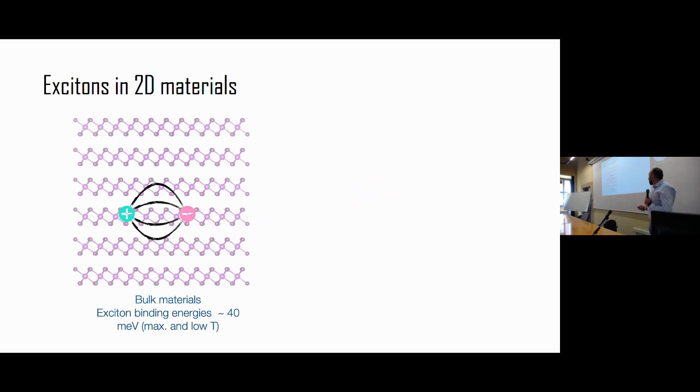But to talk in practical terms, when you have, let's say, a normal bulk material, infinite in the three directions, usually the dielectric screening is, let's say, normal, you can think of an isotropic tensor, and the binding energy of an exciton that you can calculate with the Bethe-Salpeter equation, as we will see in the next talks and in the hands-on today, has values typically of 20, 40 millielectron volts, like in the case of gallium arsenide or silicon or any, let's say, bulk semiconductor.